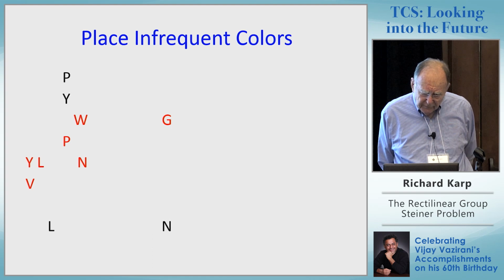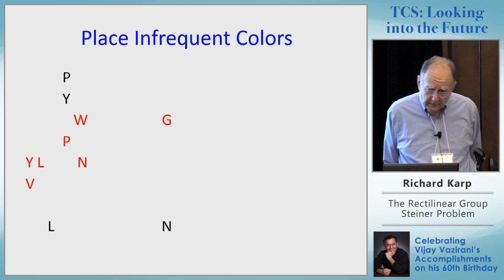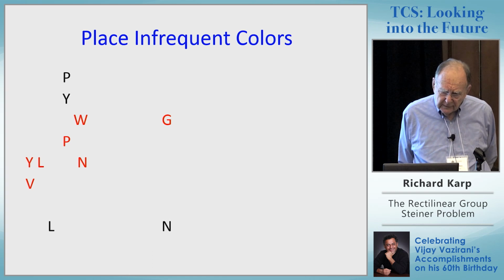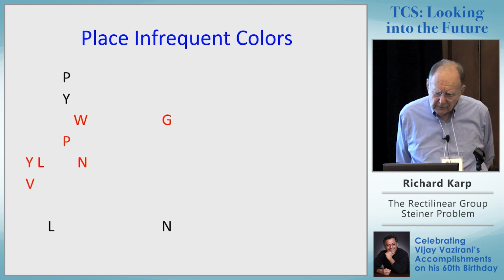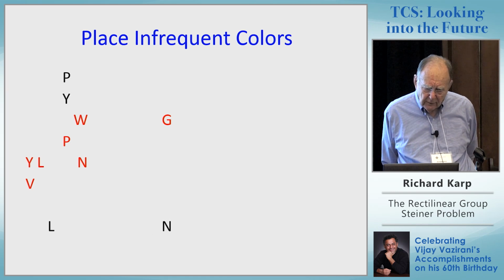The number of cells that have to be added in order to include these particular cells in a single connected structure. So the first step is to choose a representative of each of the infrequent colors so as to reduce the gap, which is the number of extra cells needed to connect those copies of the colors.